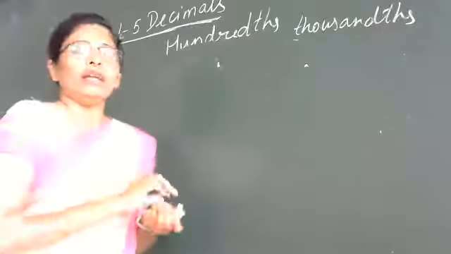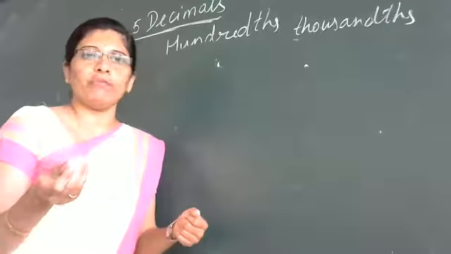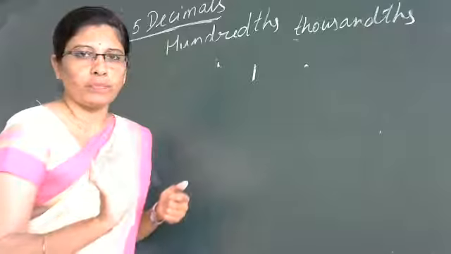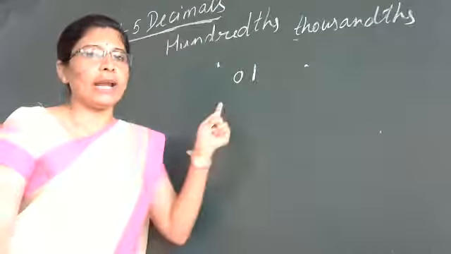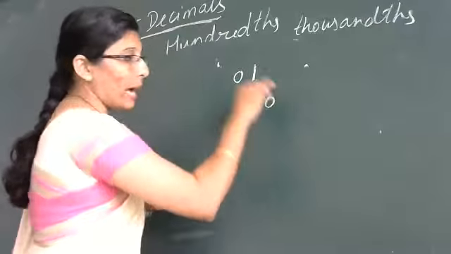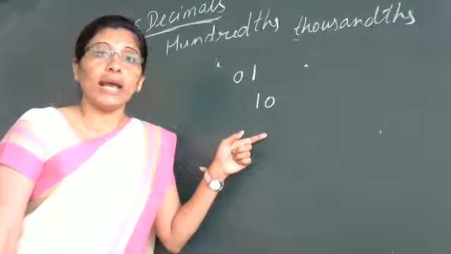See, if we take our counting numbers, whole numbers, this is 1. If I put a 0 here, the value will be 1 only. But if I put a 0 on the back side, this will become 10.